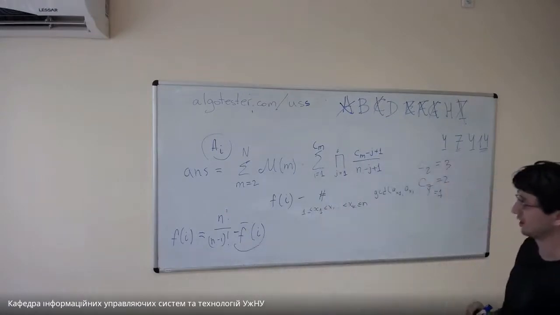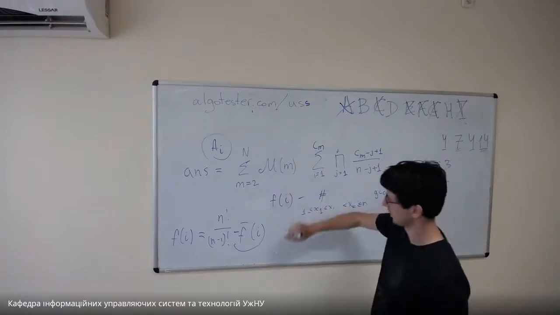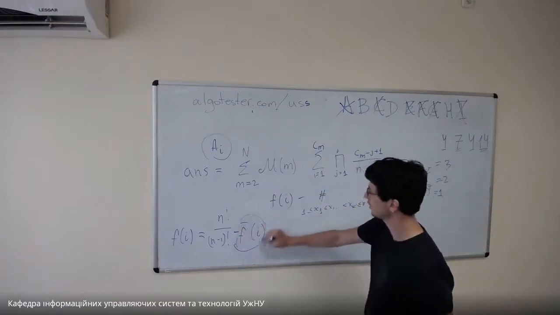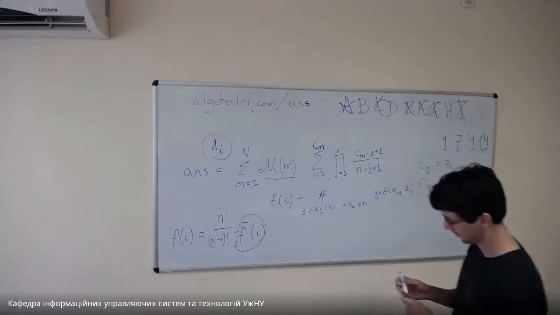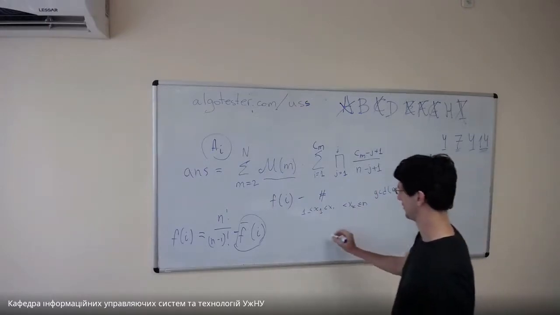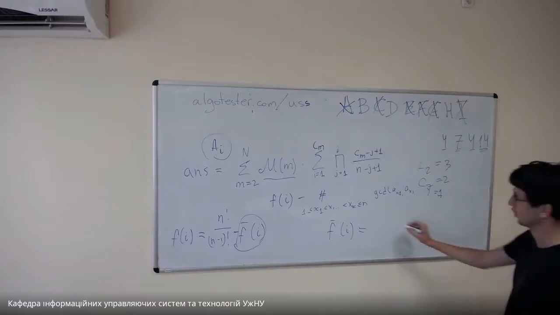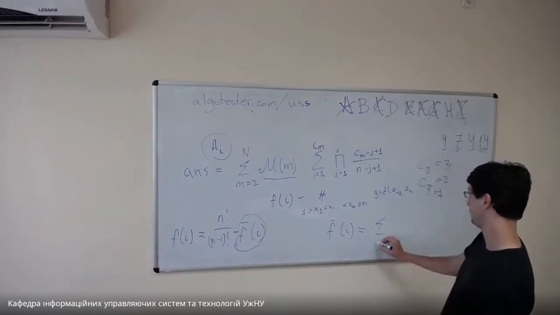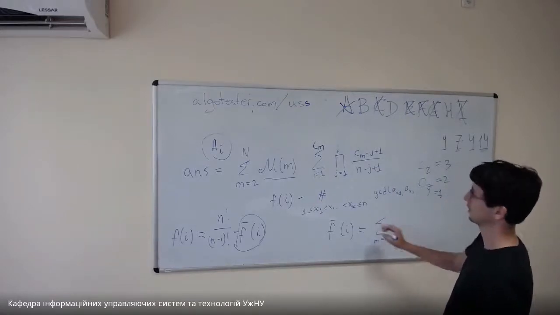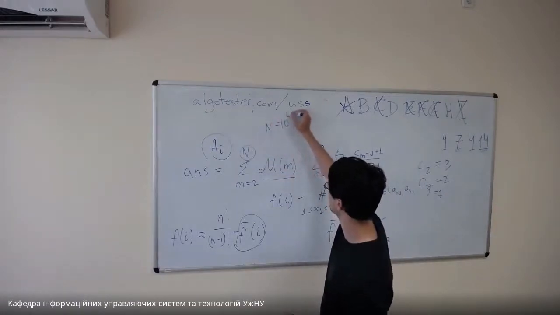We can do this by applying the Möbius function. So I claim that this is equal to the sum over m from 2 to n, where we will say that n is 10 to the 6.